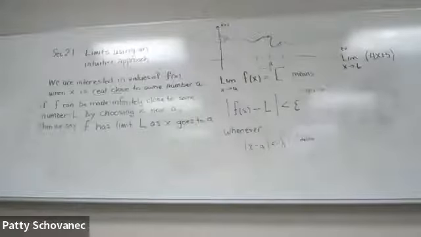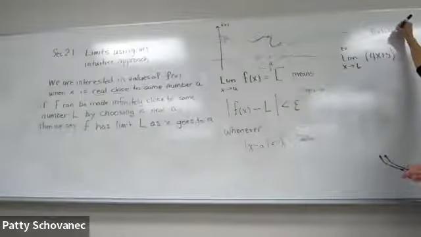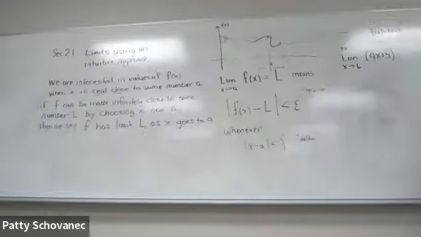There are no breaks, jumps, or holes in it. So when x is near 6, all of my y values are near that y value that occurs when x is equal to 6. What is that y value when x is equal to 6? 29. So since that y value there is 29, all the other ones are going to be real close to 29. Right? Because I know what that graph looks like.